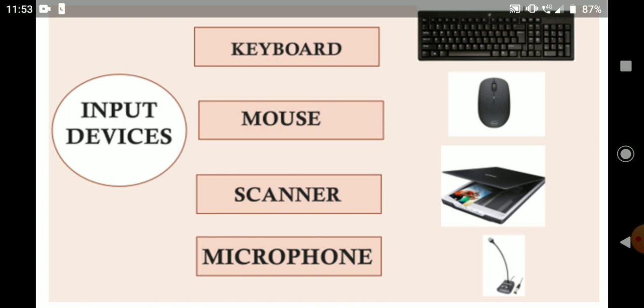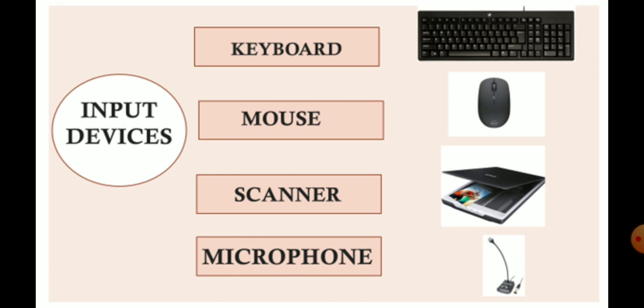So the first topic is input devices. Now, what do you understand by input devices? As the word suggests, input means something that we give to the computer. How do we give data and instructions to the computer?